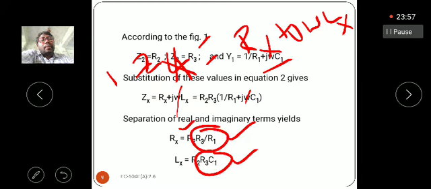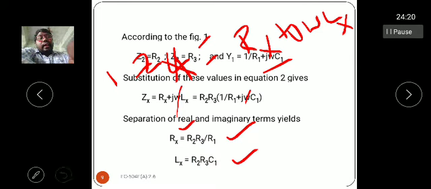That means with the help of known parameters we are finding the unknown parameter. Then we are finally finding the impedance of the circuit. This is the calculation for finding the unknown inductance in the Maxwell circuit.